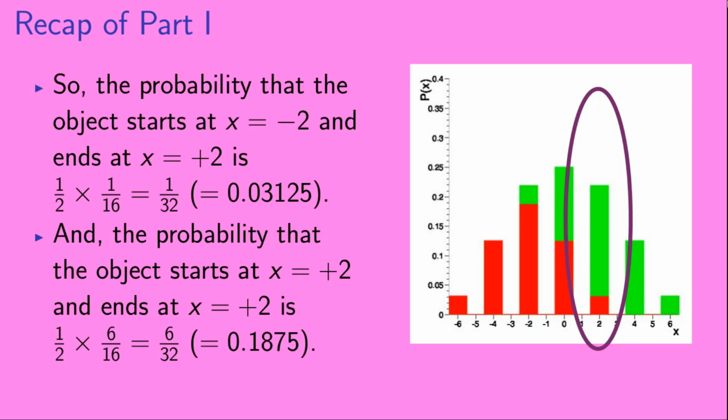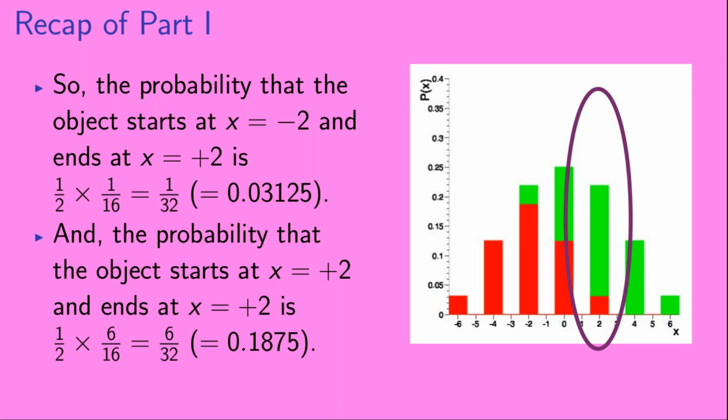So the probability that the object starts at x equals minus 2 and ends at x equals plus 2 is equal to 1/2 times 1/16. Here the 1/2 is the probability to start at x equals minus 2, and 1/16 is the probability to end up at x equals plus 2 if it started at x equals minus 2.